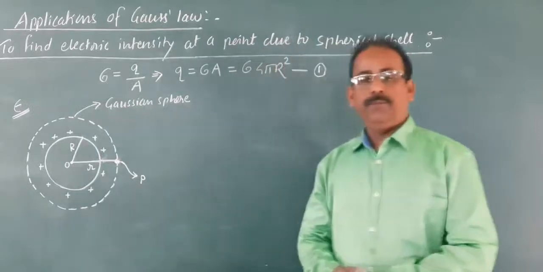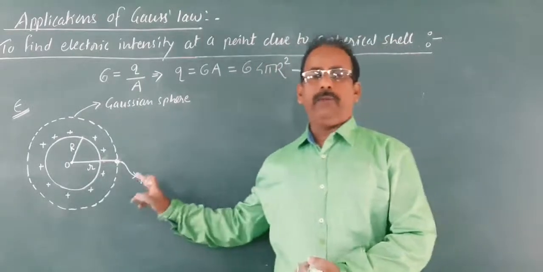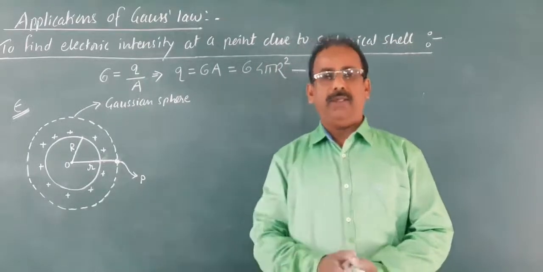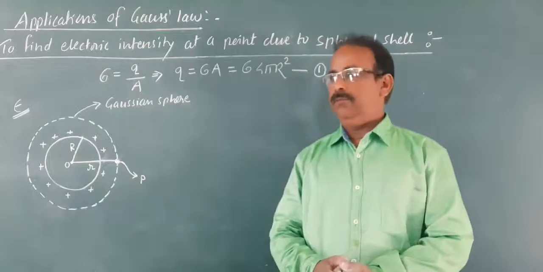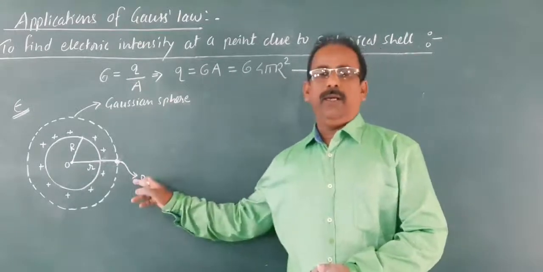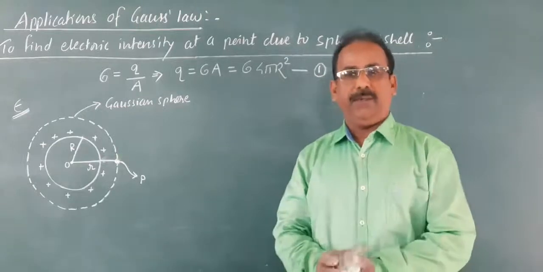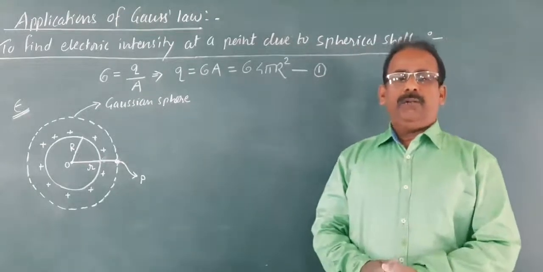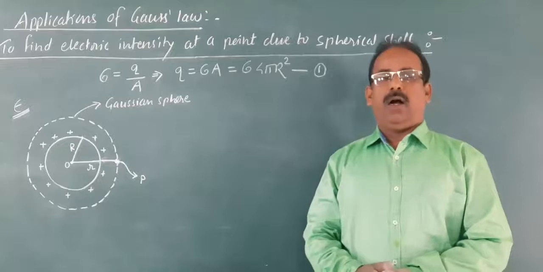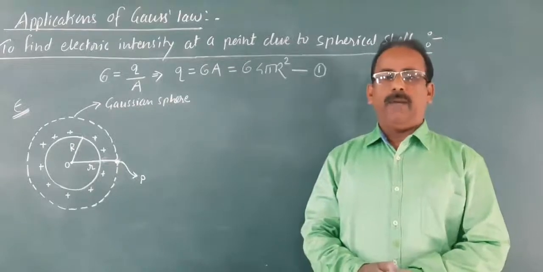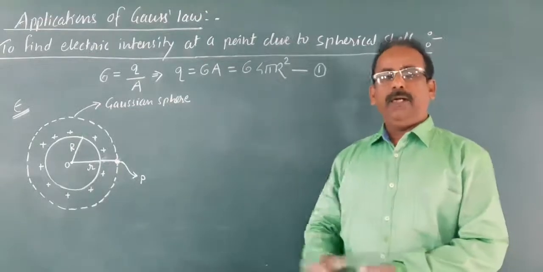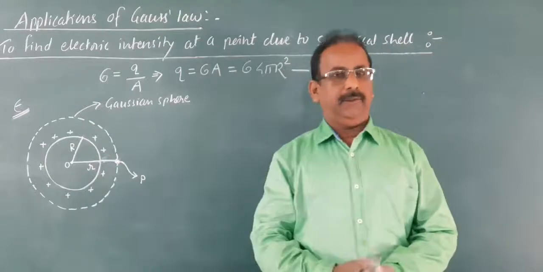First, find out electric flux over this Gaussian sphere, which is a closed surface, and then apply Gauss law to get electric field intensity at that point.